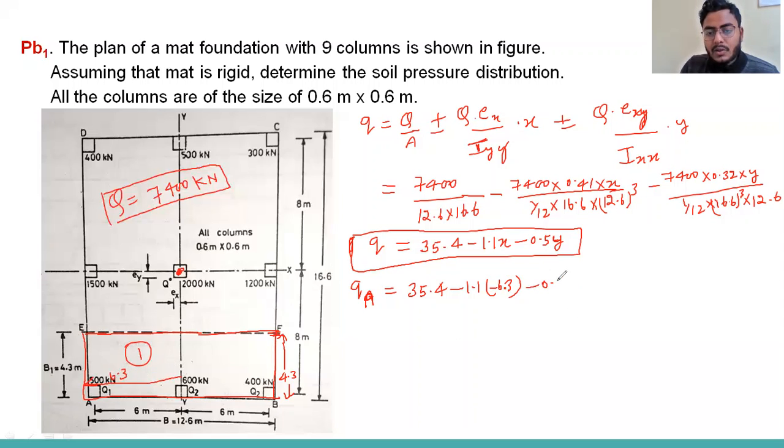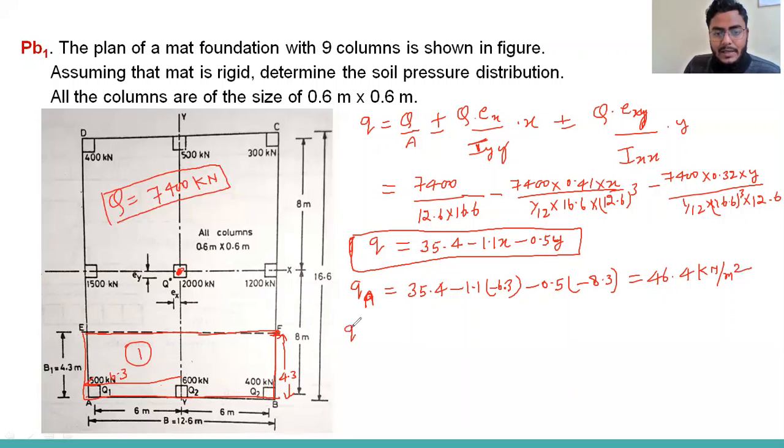Now minus 0.5 into Y. What will be the Y of this point? It will be minus 8.3. So we get 46.4 kilonewton per meter square.